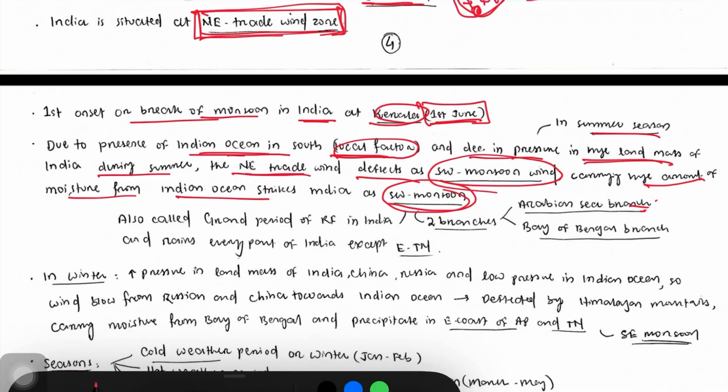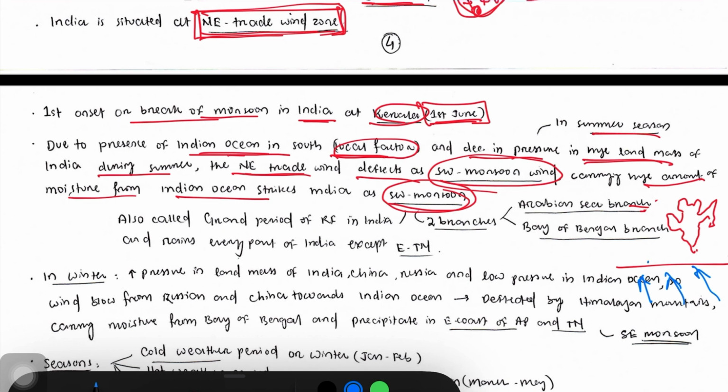let me draw it again. So if this is India, suppose this is India and this is the equator. So from 30 to 35 degrees south, this southeast wind is moving towards the equator.